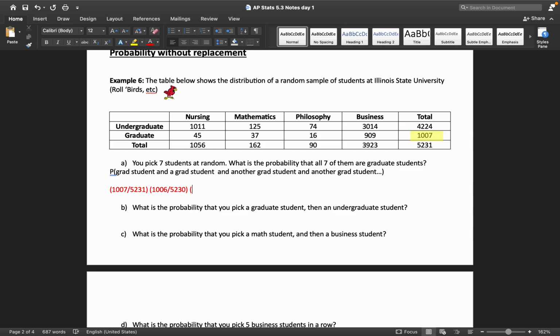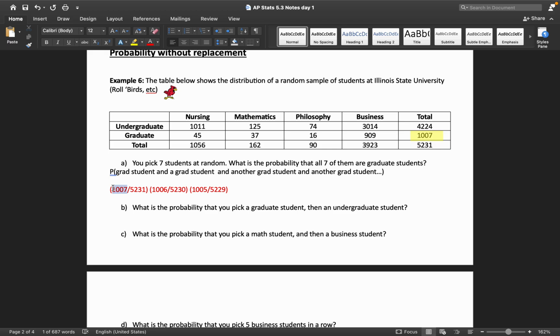So now I've taken 2 students out. Well, if I took 2 grad students away, I'd have 1,005 left to choose from. And the total number of students in the specific groups here would be 5,229.